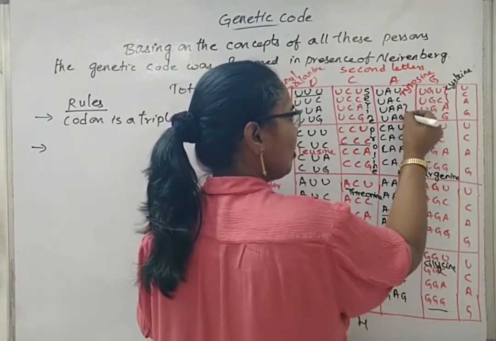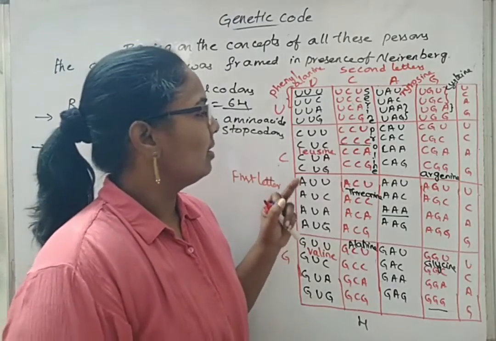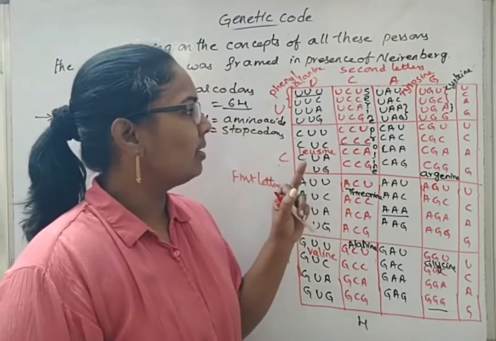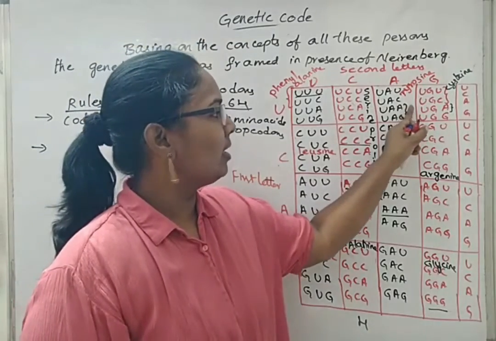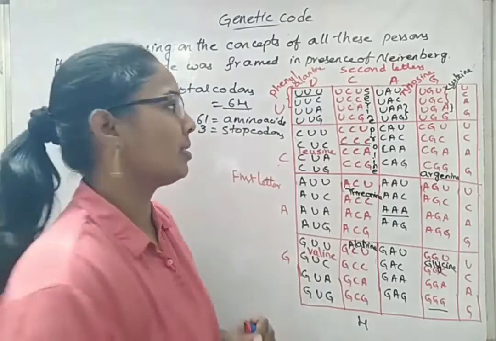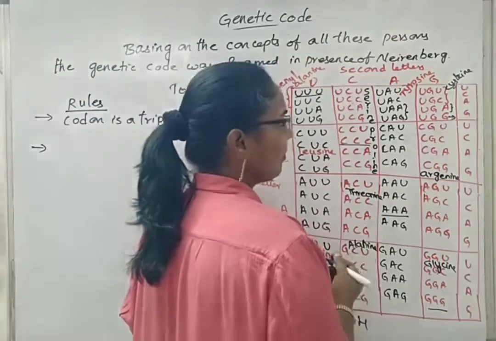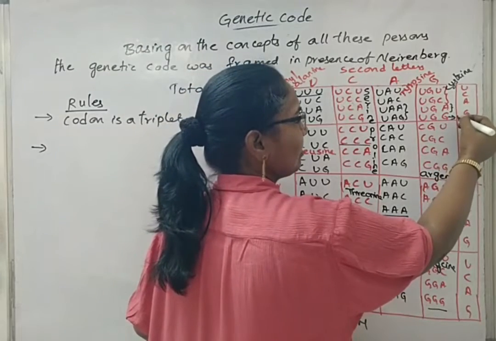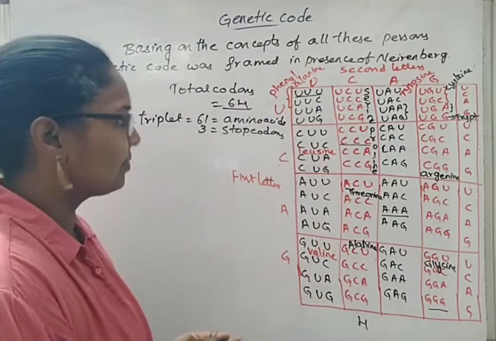But if you see this combination, UAA, that is ochre, UAG, amber, and UGA, opal. These are nothing but stop codons. And this one, specially UGG, is coding for tryptophan, the tryptophan type of amino acid.